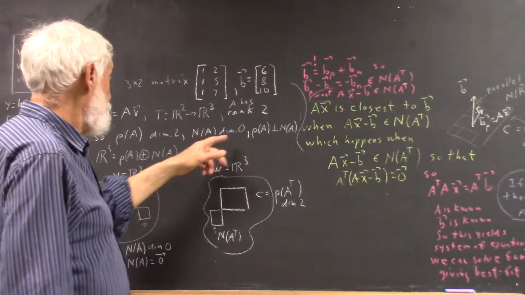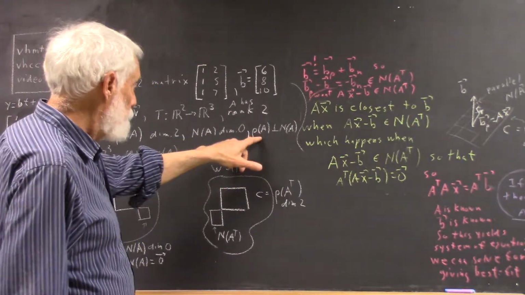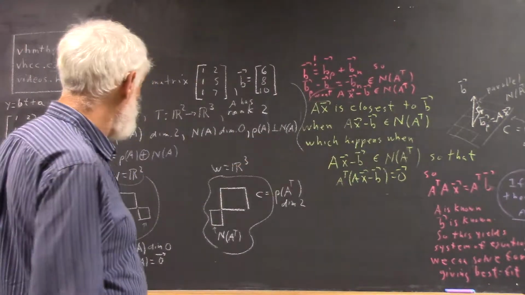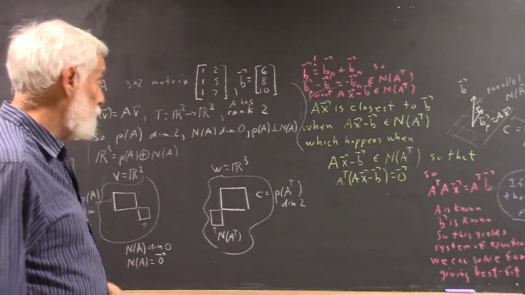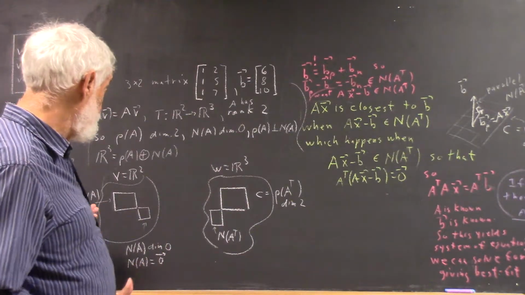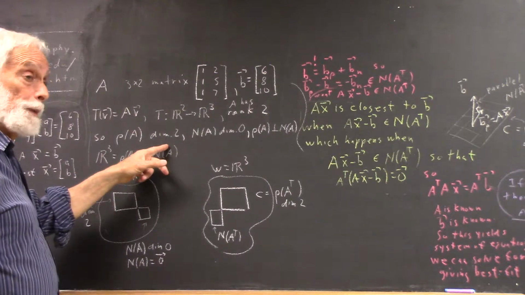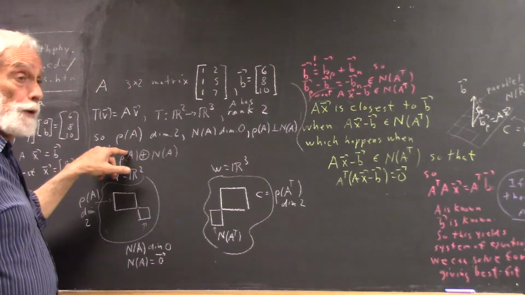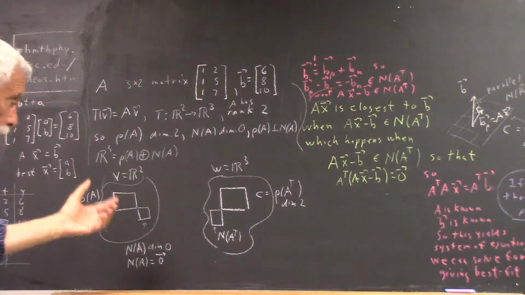The null space then has to have dimension 0, because in any case the row space is orthogonal to the null space. The dimension of the row space plus the dimension of the null space is the dimension of the whole space. Dimension of R2 is 2. The row space of A has dimension 2. Turns out that it's the whole space.